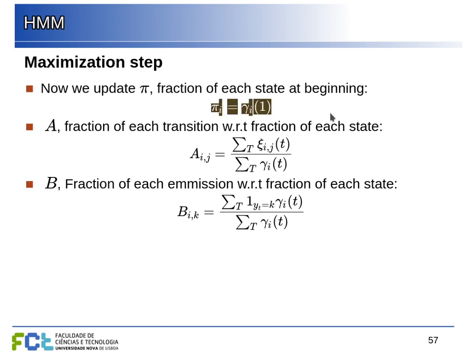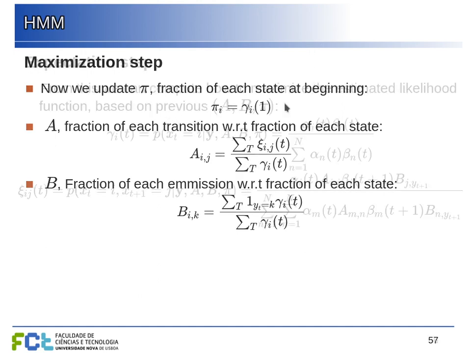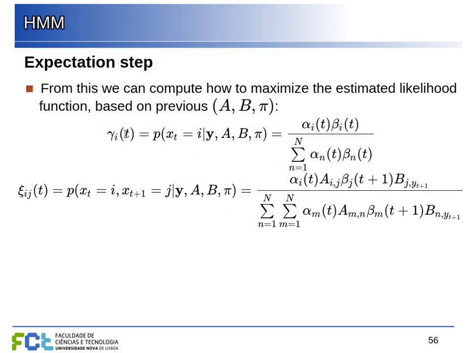So basically the values pi, which are the probabilities of being in some particular state at the first step in the Markov process for the hidden states, is simply this gamma for t equals 1. So the probability of being at that particular state at the beginning, considering all the observations that we saw so far.